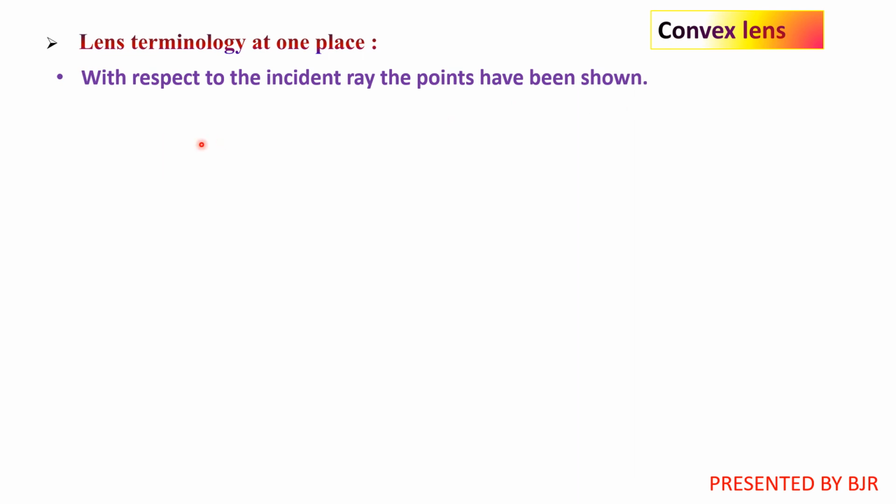With respect to the direction of the incident ray, we have to show which side is C1 and which side is C2, and which side is F1 and which side is F2. Depending upon the direction of the incident ray, we have to show. Here, first I am showing you the total terminology related to convex lens at one place.